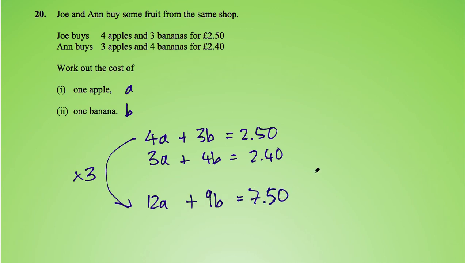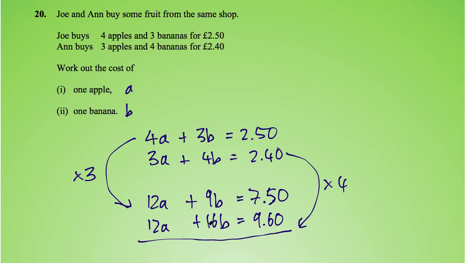And then I'm going to take the second equation and again get to 12A by multiplying by 4 this time. So that gives me 12A plus 16B. 4 times £2.40 is £9.60. And then I'm going to subtract one equation from the other in order to eliminate the A's.